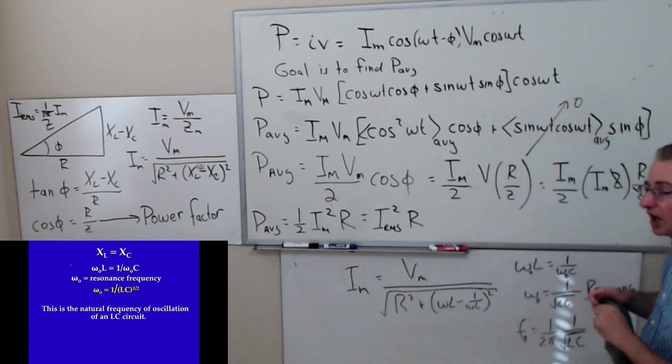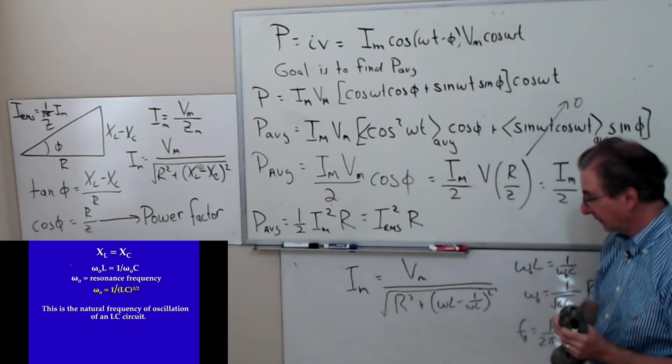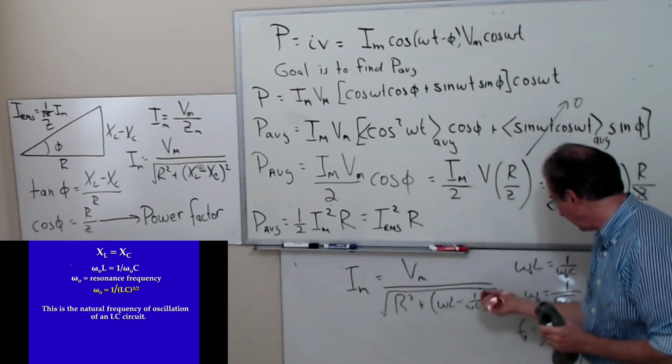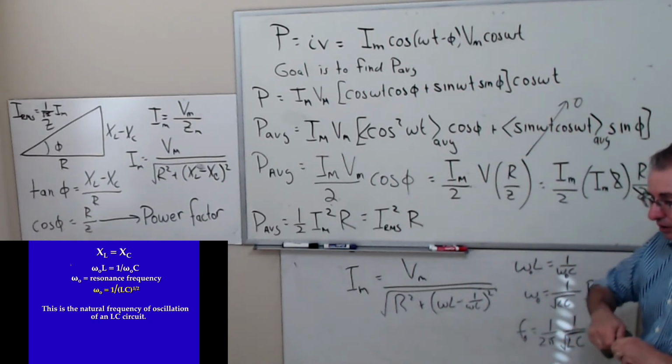Normally what one does is they factor out the omega here and the L, and they end up writing this in terms of omega naught.